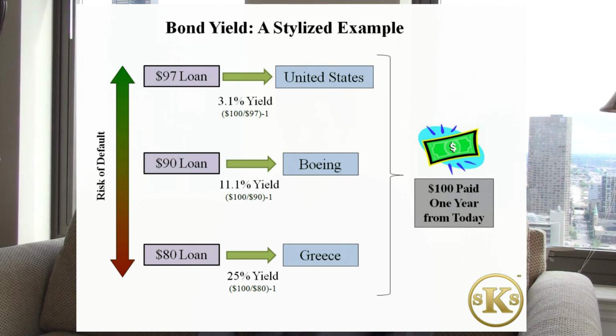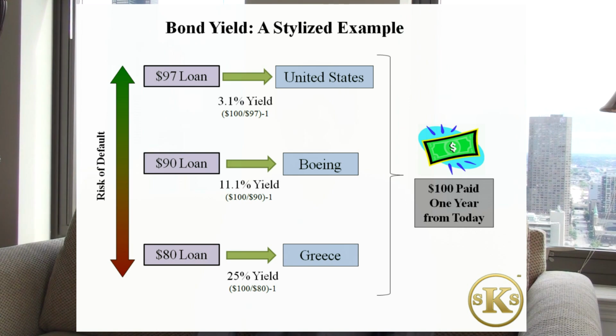If an investor wanted to loan money to Greece or another risky entity, what would she do? If a country defaults, she loses both her principal and the interest payment. Assuming she wants to receive $100 in 1 year, the same as she could have gotten from the United States, she will account for the increased risk of default by loaning the government less money in return for the promise of a $100 payment later.